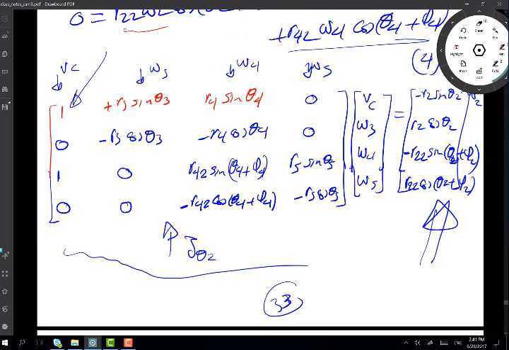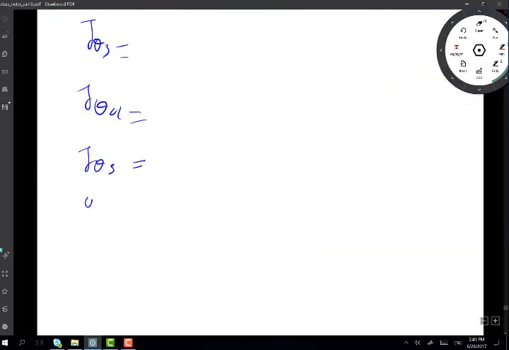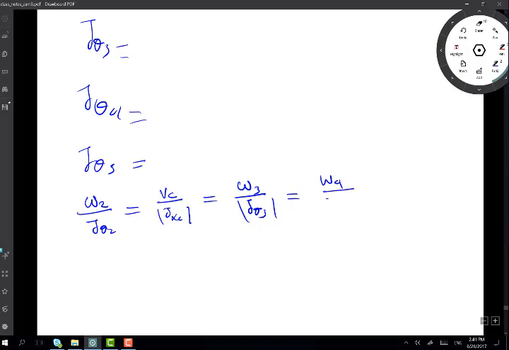In this case, the ratio thing that we did previously, I can write it in a different form this time around. I can say it's omega 2 without R this time. Omega 2 over J theta 2 is equal to VC over J XC, and that's equal to omega 3 over J theta 3, that's equal to omega 4 over J theta 4.